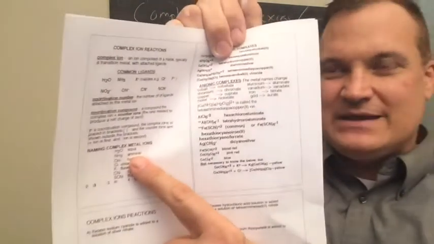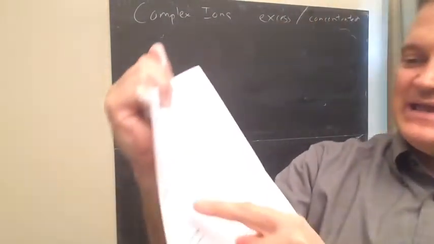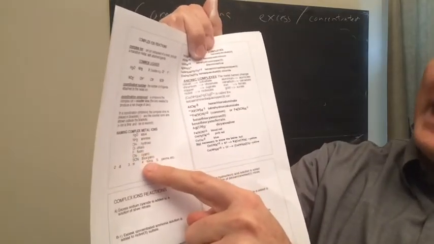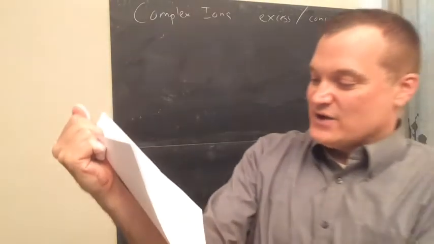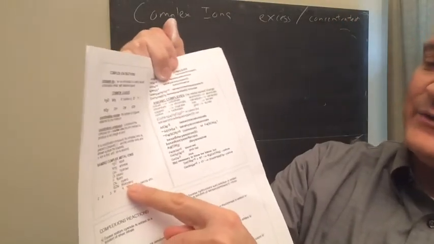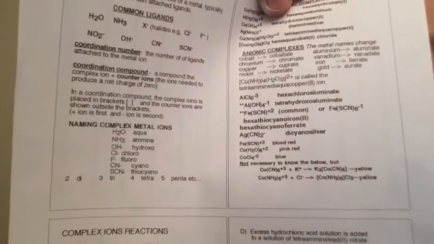You might remember amine from amino and amine group in organic, but this is spelled AMM. Hydroxide can do it, hydroxo. And then all the halogens, chlorine, fluorine, I think bromine and iodine could also do it. Cyanide, CN, and then SCN, thiocyanate, thiocyano and cyano. So those are the main ones they use.